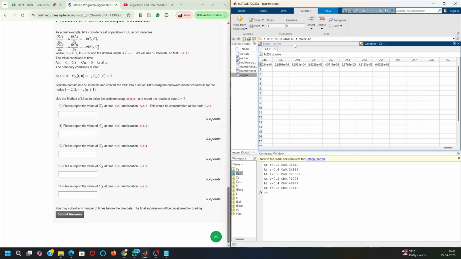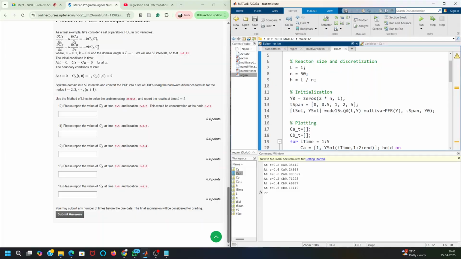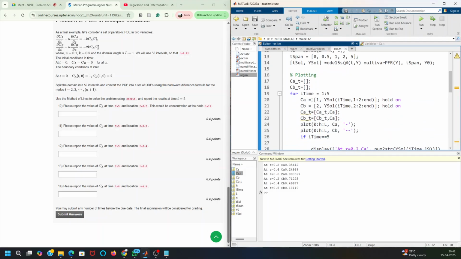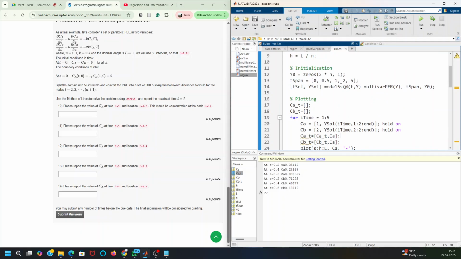So this is creating more. What I can do is take this in a separate column.